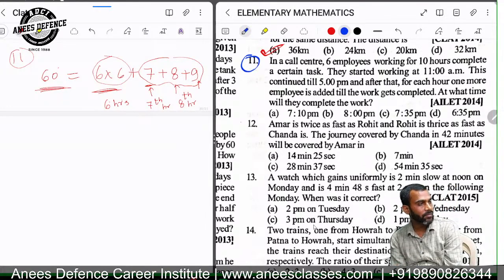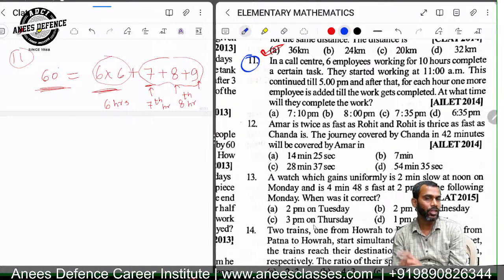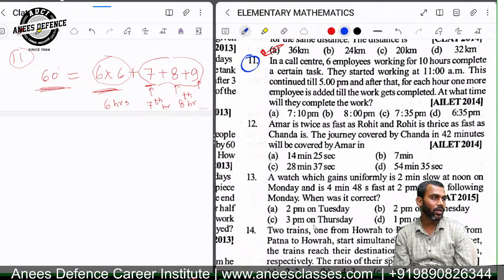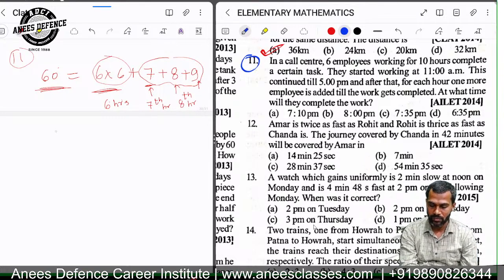So in the next hour, 7 employees will be there, because we need to add one more employee in the 7th hour. 8th hour, again one more employee. 9th hour, again one more employee. So 7 plus 8 plus 9 is 24. 24 plus 36 is 60. So 3 more hours will be needed. From 5 p.m. plus 3 hours is nothing but 8 p.m. Answer is 8 p.m. Purva, have you understood?